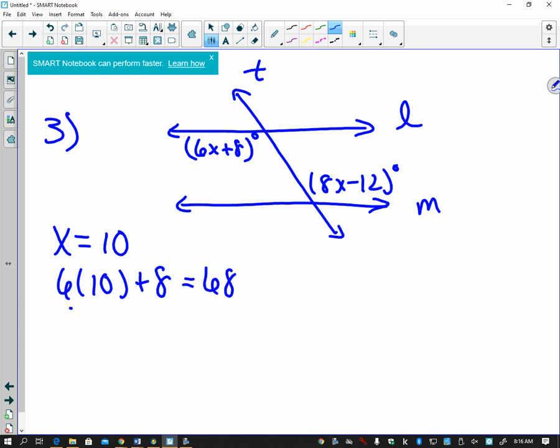And then we have 8 times 10 minus 12. 8 times 10 is 80. 80 minus 12 is 68. All right, great, works. So basically what we're saying is that when we plug in 10, we get 68 here and 68 here. Okay, can anybody explain to me how that proves that those lines L and M are parallel?